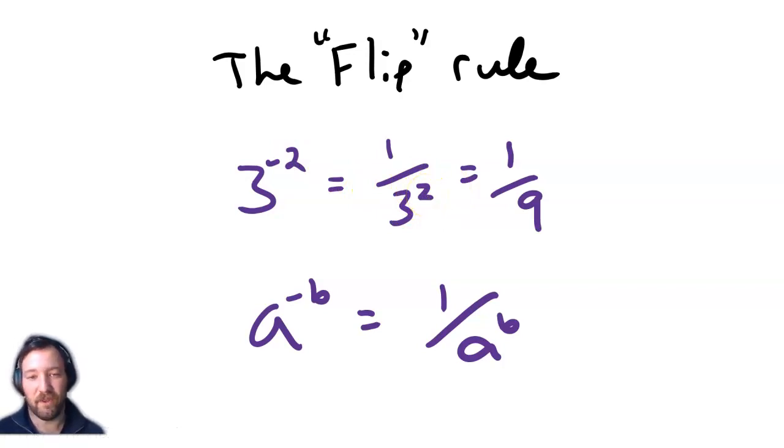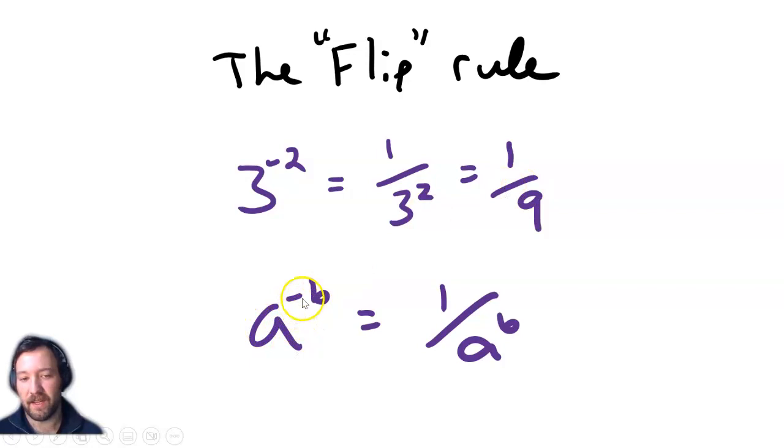It's fine if you know this rule already and are comfortable with it, but I would encourage you to think back to that pattern, because that really explains why this is the case. Remember, if the positive 2 exponent means multiply, the negative 2 exponent means divide by 3 two times, so you get 1/9.